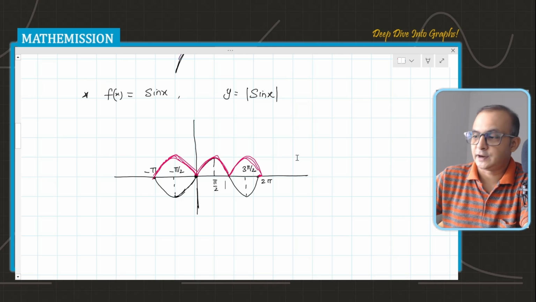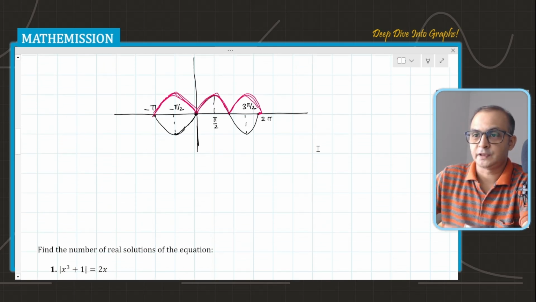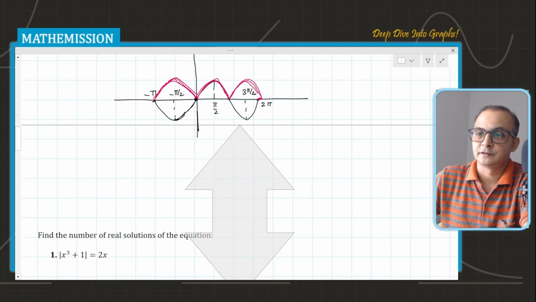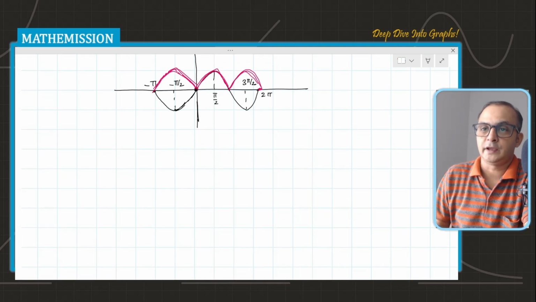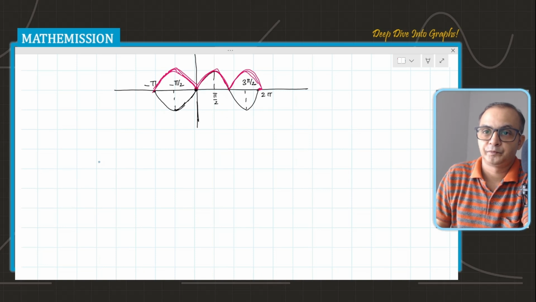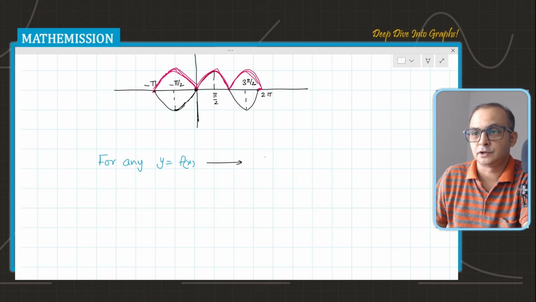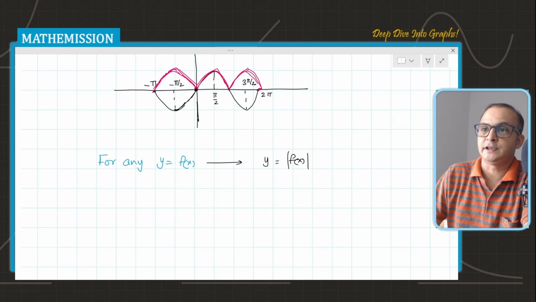So what is the general idea we can take from here is, I have any graph given, for any function y is equal to f(x). If I want to draw the graph of y is equal to mod f(x), what do we take?